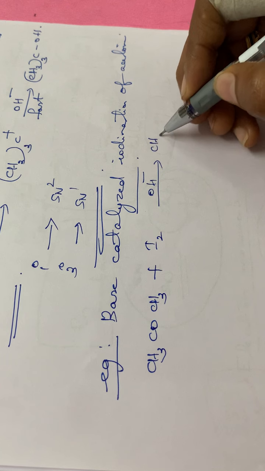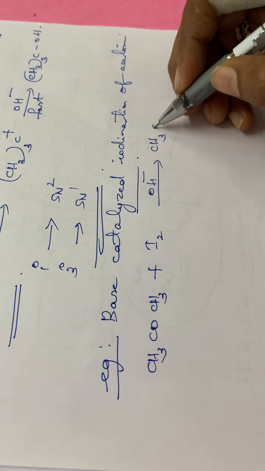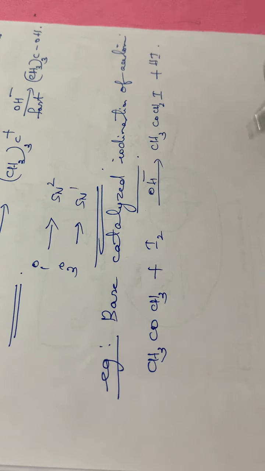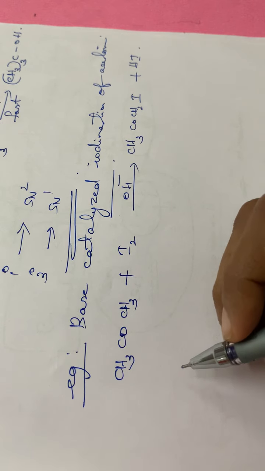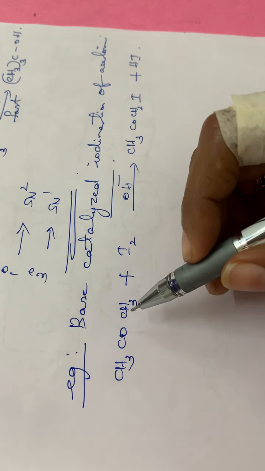The product will be CH3COCH2I plus HI, that is, one HI will be eliminated.